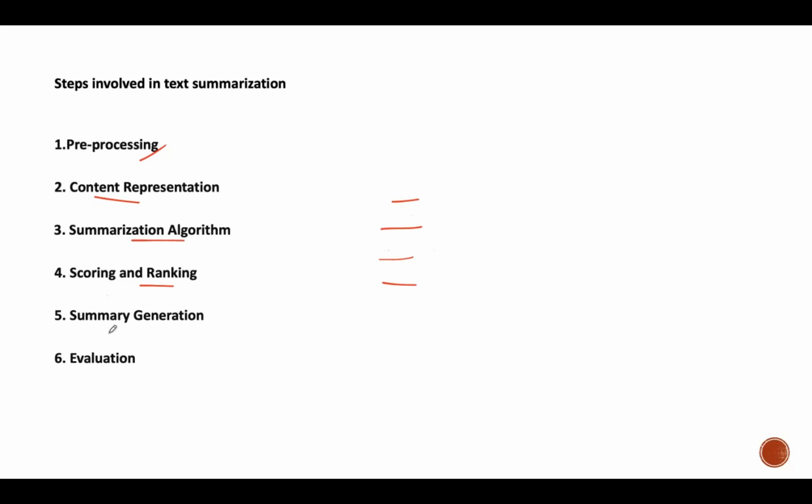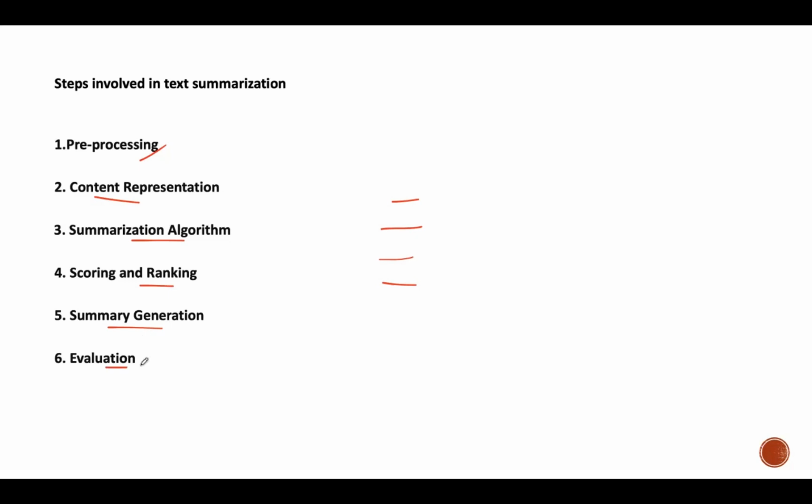And summary generation, extracting the top ranked sentences is done here, and generate the new sentences that capture essence of the original text. So refine the generated summary for clarity. And finally, evaluation is done.